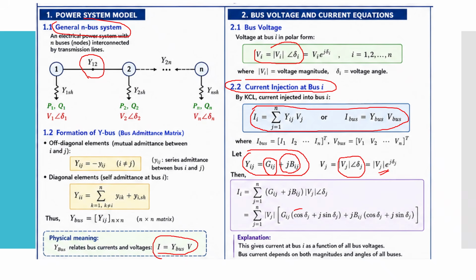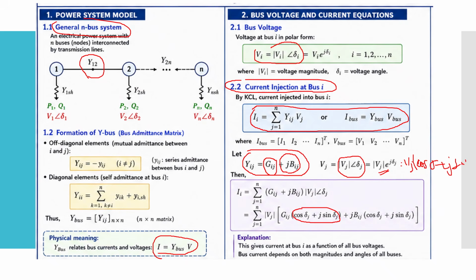This is the complex form representation of Vj. For example, this can be represented as Vj times cos theta j plus j sin theta j.